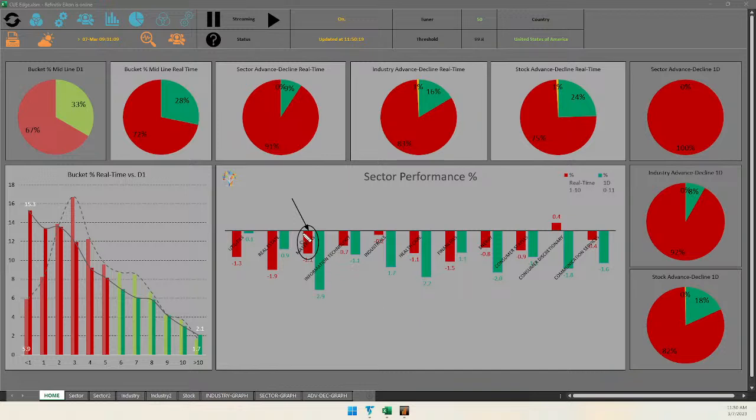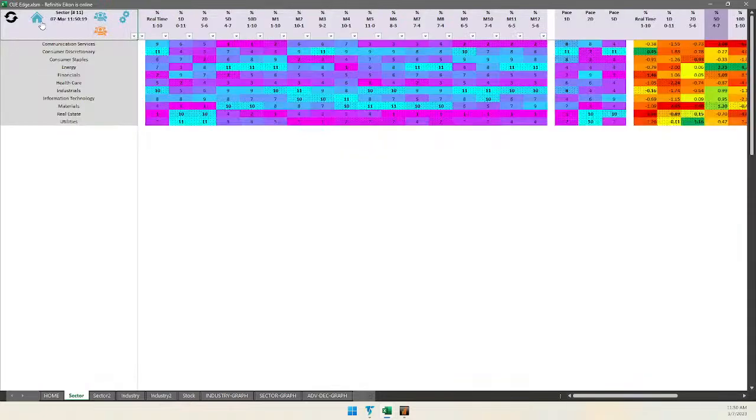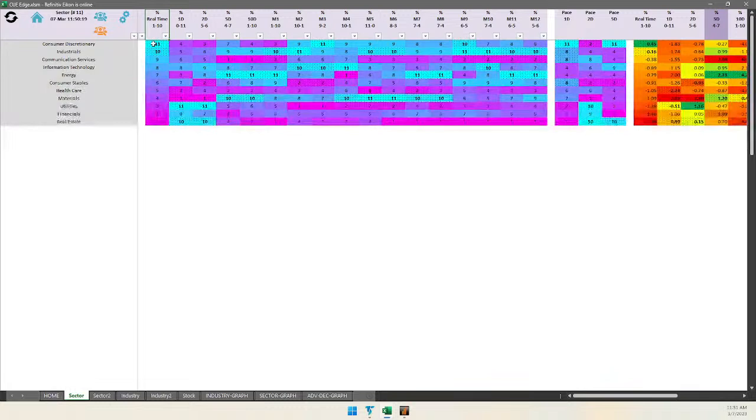So that's why I look at the sectors, and I may even go to the sector scorecard. I click this button here to go to the sector scorecard. Cursor is where it needs to go, and I can double click again on the real time column header to see the strongest and weakest today. I can look at the real time column here to see which ones are up and down.